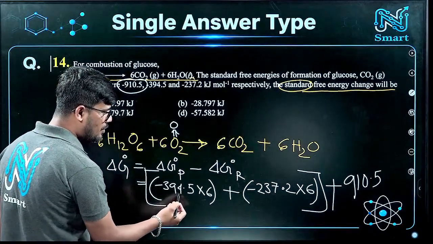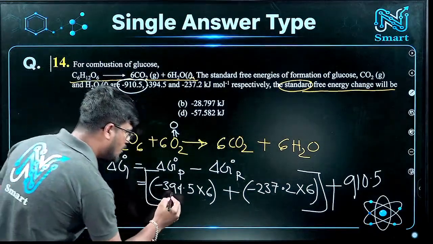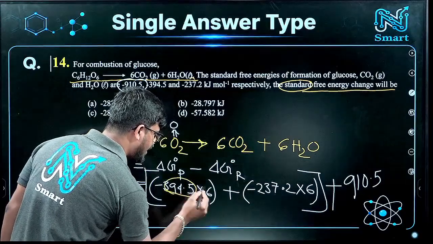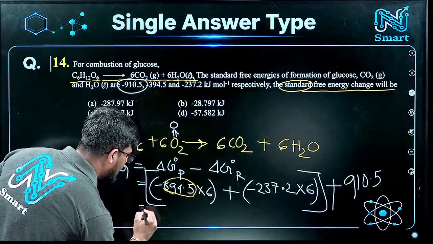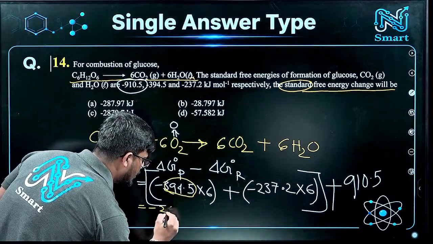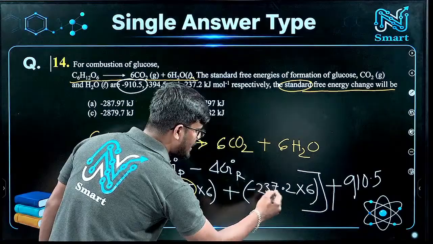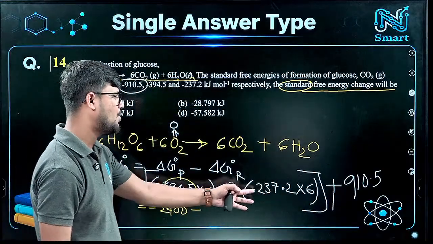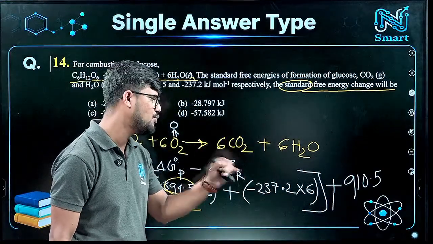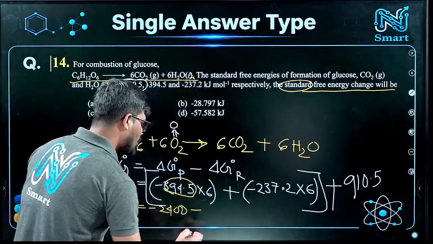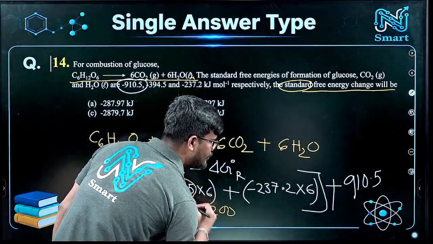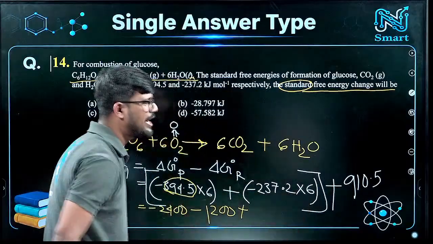This 394 is closer to 400. If we consider this entire thing as 400, then 4 into 6 means minus 2400, correct? Done. Next, plus, minus minus means here 237. Let's consider 200. 200 into 6 means 1200. Done. Next, 910.